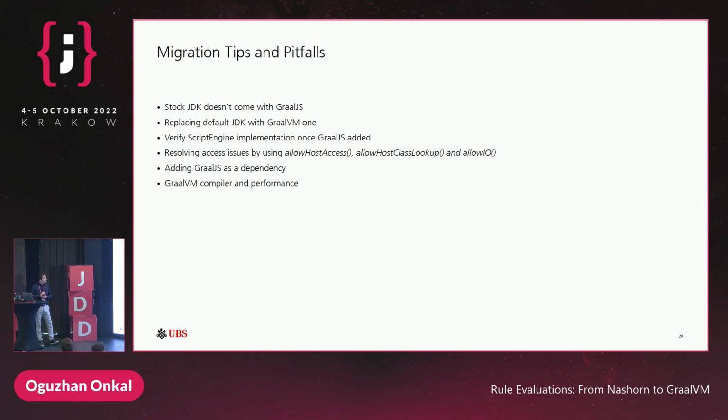To do that, you can just replace the bin directory with the GraalVM one. If you recall, there was a jjs.exe under the bin. You also just need to change it to GS, and you may expect that to work.